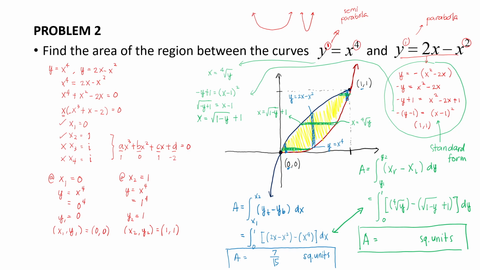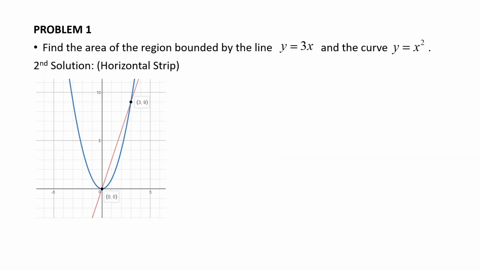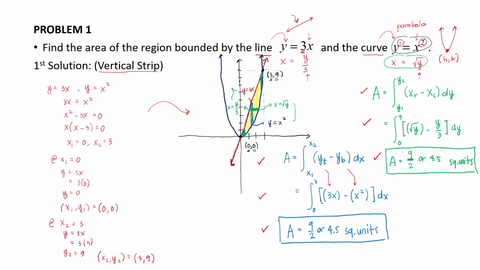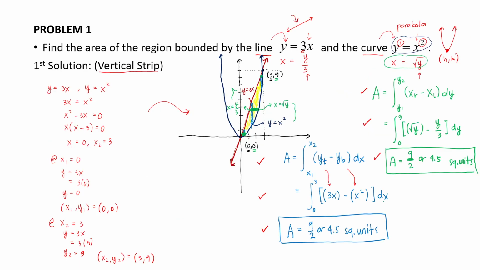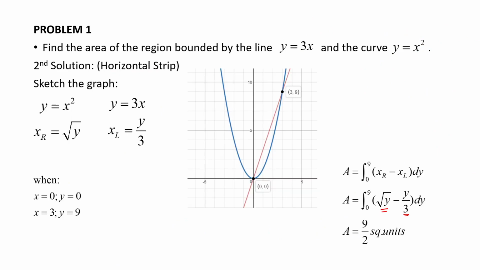You are dealing with a fourth root, and a square root. Even on the simple problem, our first problem earlier, you can compare the equations: 3x minus x squared, and then you have this one square root. So again, you have to verify everything before choosing a certain strip that you are going to use in solving the problems that you are presented with.